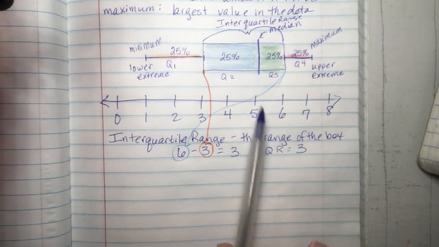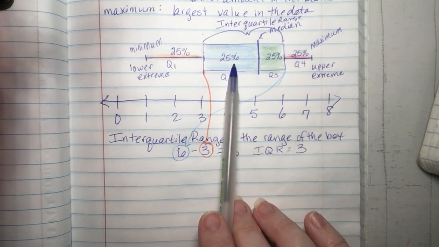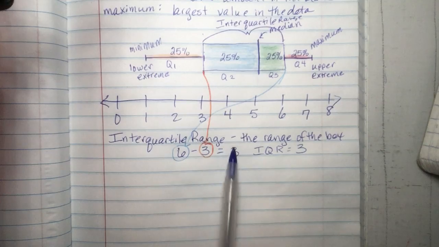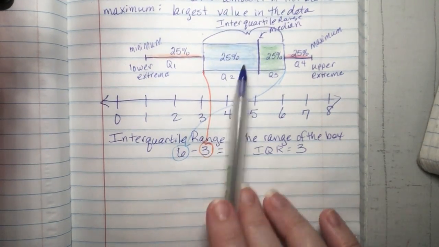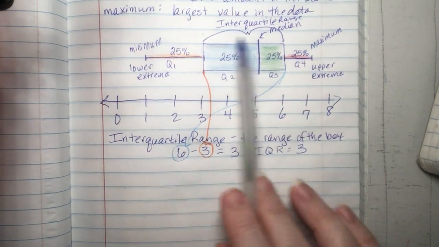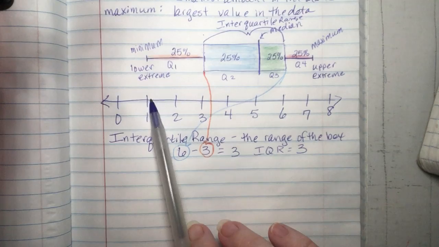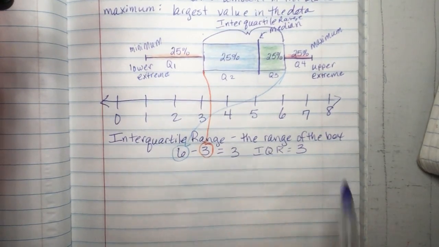It's within 3 things of each other. So our data is kind of close together, right? Because 50% of our data is only within 3 pieces of each other. And then our regular range is 7 minus 1, which is 6. So all of our data is within 6 of each other.